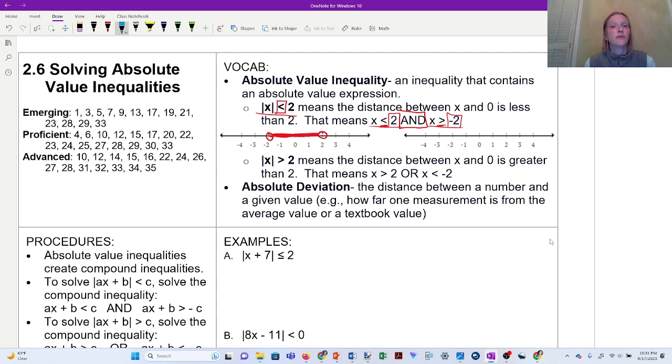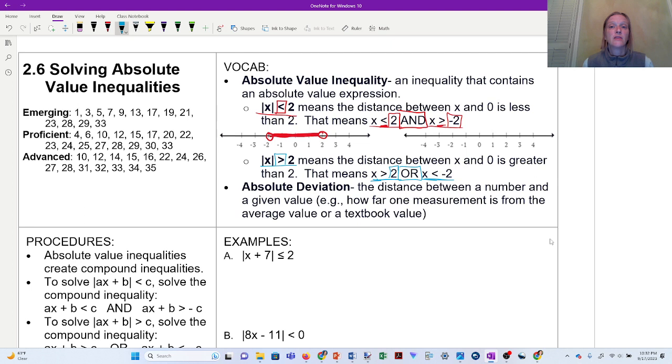On the other hand, if we've got the absolute value of x is greater than 2, because this is a greater than sign, we're going to solve this as though it's an or compound inequality. Just like in the previous example, when we have an absolute value, we're going to create two inequality statements. x could be greater than 2, or x could be less than negative 2.